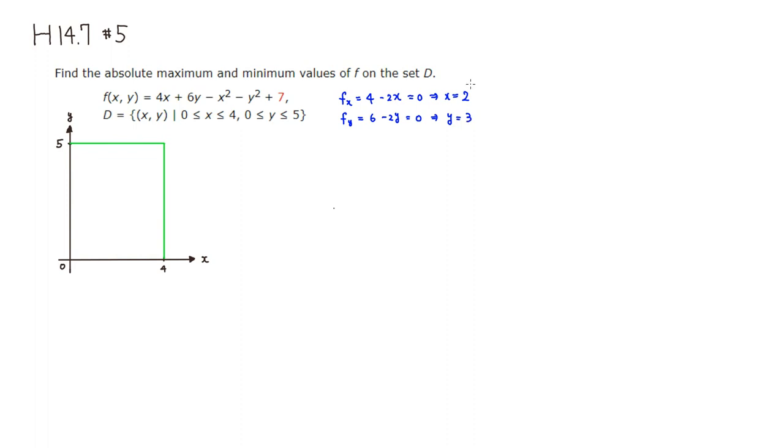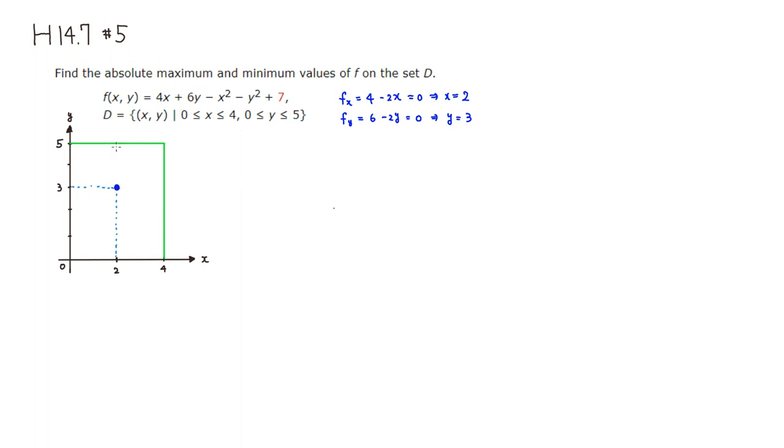So the critical point is x equals 2, right in the middle, and y equals 3. So we have a critical point right here.